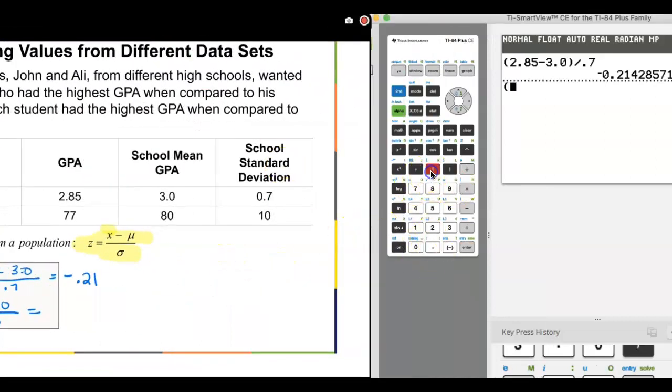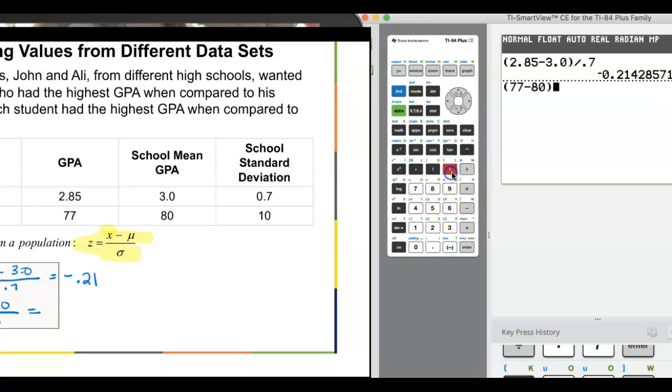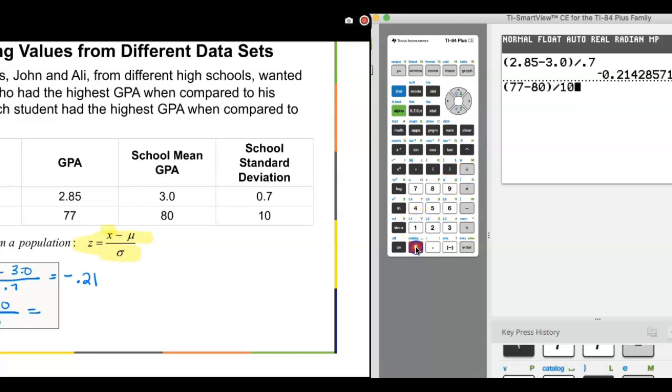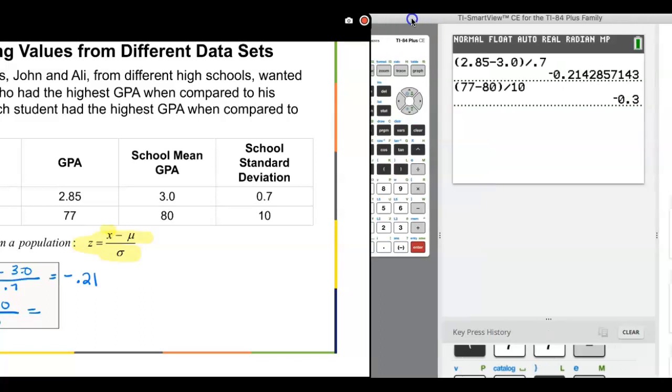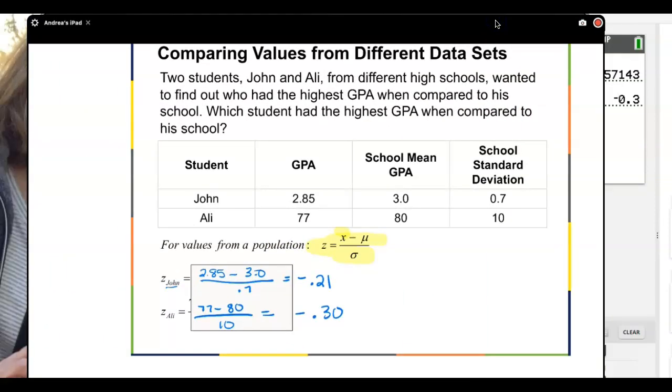I'm going to do parentheses 77 minus 80 divided by 10. So negative 0.30.